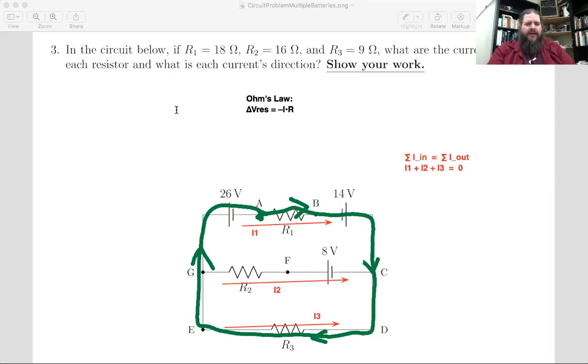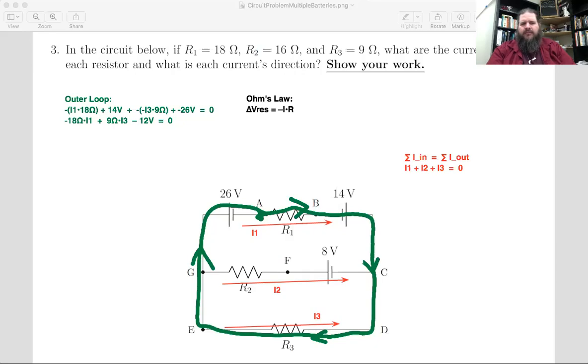Yeah, the 14 volts and the negative 26 volts can combine, so we just get minus 12 volts. And also we've got negative 18 ohms times I1. And what happens to these two negatives here? They become positive. Yeah, so we just get plus 9 ohms times I3 plus negative 12 volts equals 0.